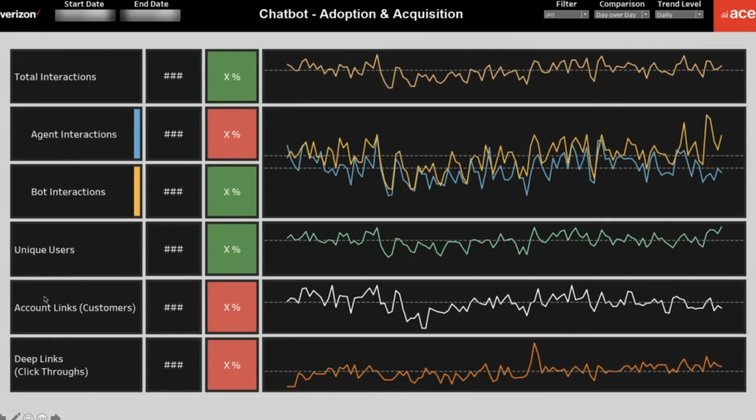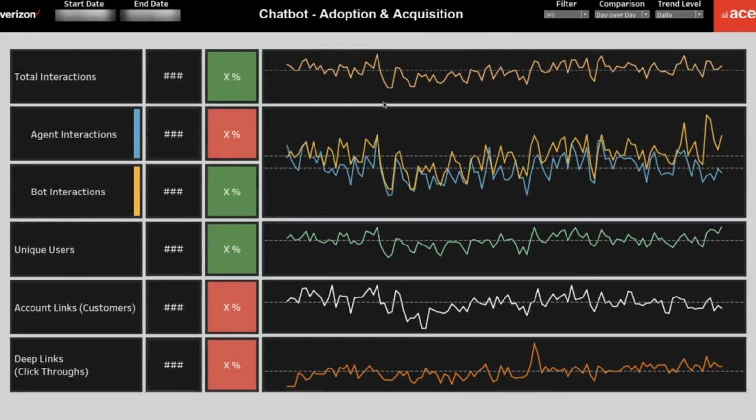And then how many actual customers are authenticating their accounts, and the deep link click-throughs to the different services the bot offers. You look at volumes, and how that's changed over time, for the dates that you've plugged in. If something's gone up, it's in green. Something's gone down, it's in red. And the same metric is also trended in a line graph to see how that fluctuates on a daily basis.